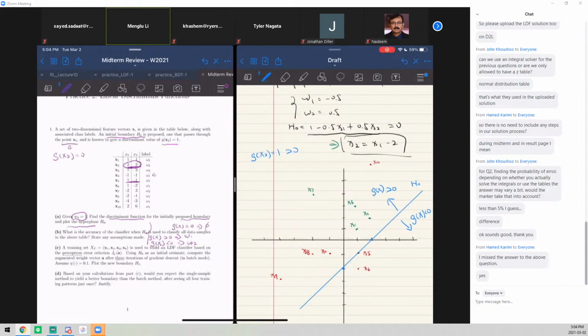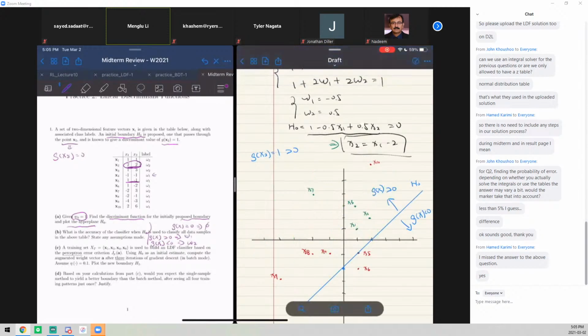Then based on this assumption, I know this part of the graph, the value of the g function is larger than 0.